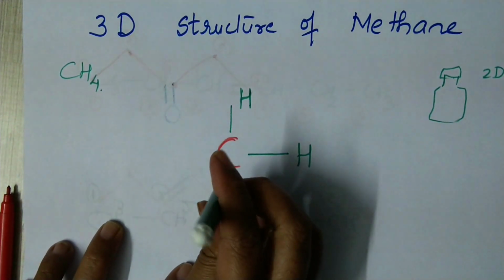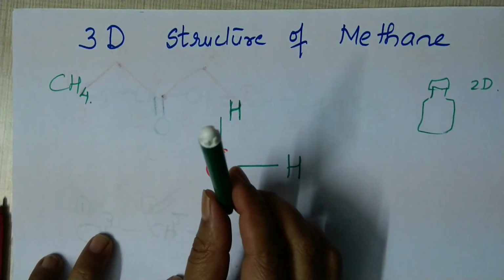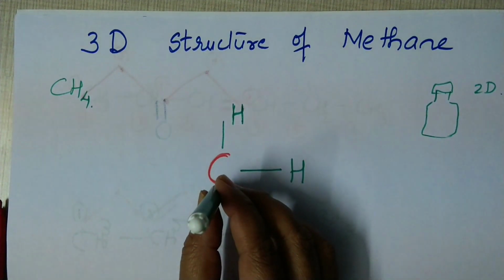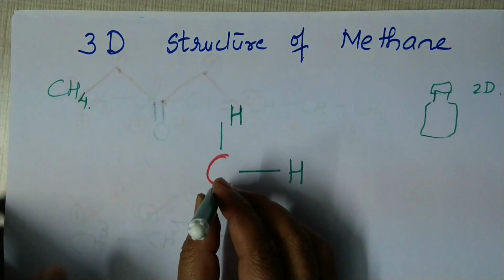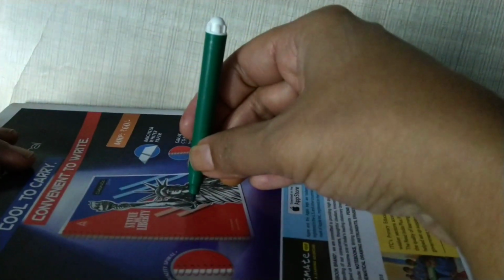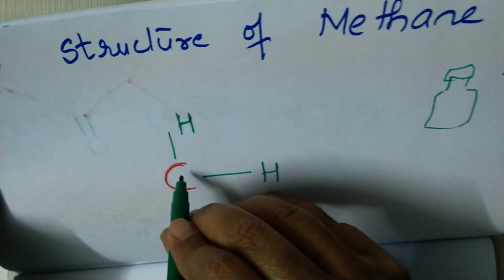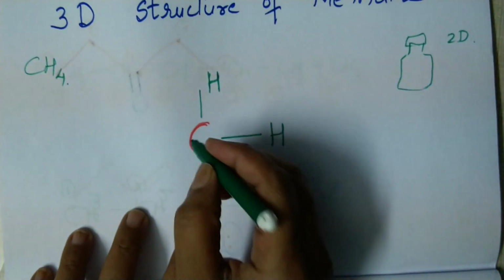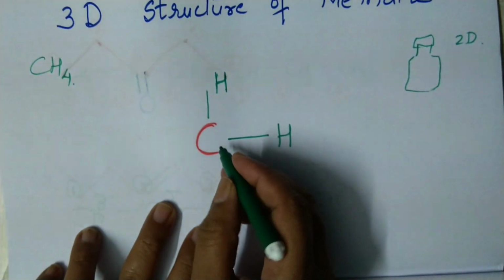One hydrogen atom, are you able to see this pen, is coming towards you. It is facing you, and the other hydrogen atom is behind the paper, away from you. It is protruding out of the paper. So how do you show it on the paper? A 3D picture on the paper.